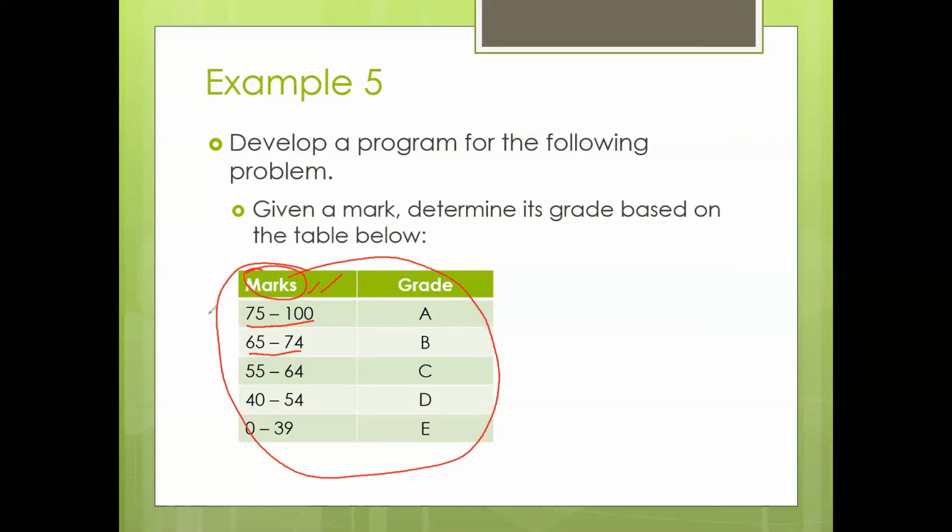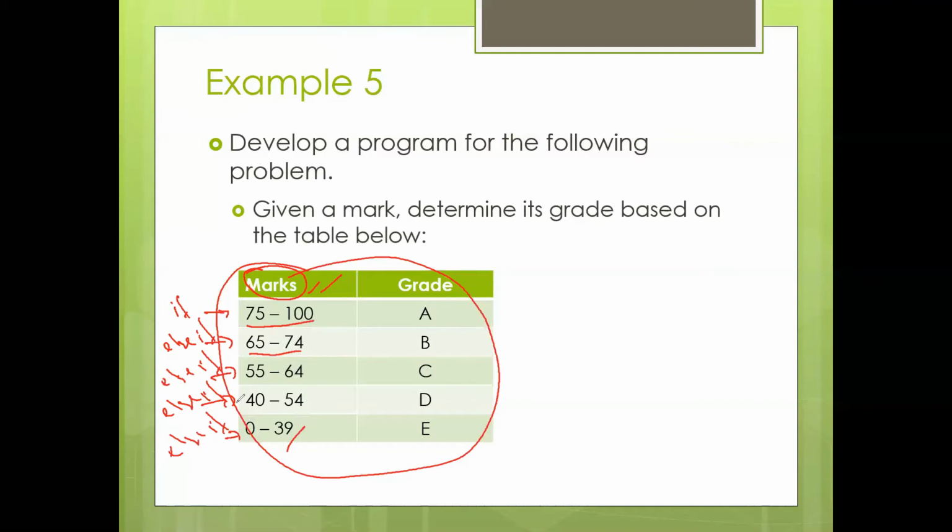So dekat row ni sebenarnya ini adalah if, ini adalah else if, ini pun else if. Okay, ini adalah if, else if.